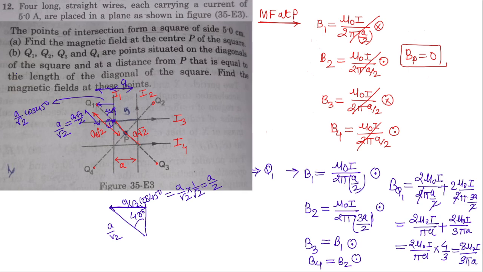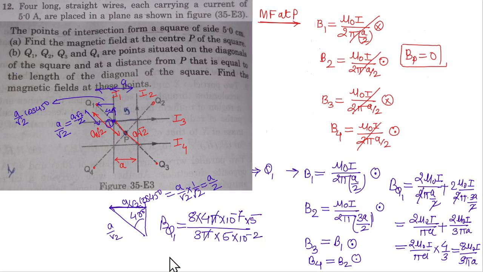Now you can put the values of I, a and mu naught in this expression. So the magnetic field B at Q1 is equal to 8, mu naught is 4 pi into 10 raised to power minus 7, and current I is 5 ampere, and this 3 pi as it is, and the distance a is 5 centimeter, so 5 into 10 raised to power minus 2.